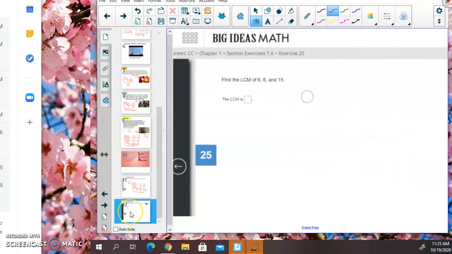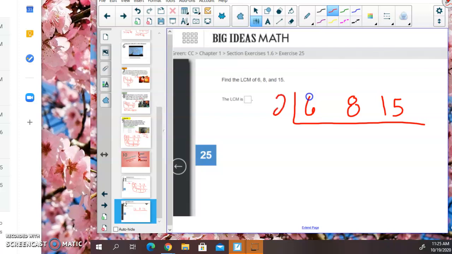Next question in your homework is finding the least common multiple of 6, 8, and 15. So I want to think of a number I can divide out of at least 2 of them. I recognize 6 and 8 are even, so I'm going to do a 2 to get me started. 6 divided by 2 leaves me with 3. 8 divided by 2 leaves me with 4. 15 doesn't divide with 2, so I'm just going to keep 15. Then I recognize I can divide a 3 out of both 3 and 15.